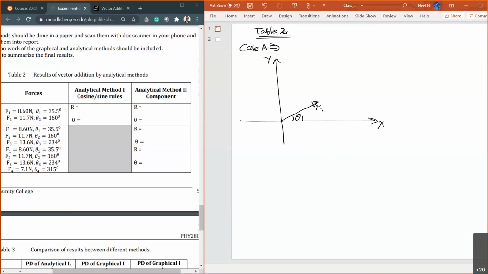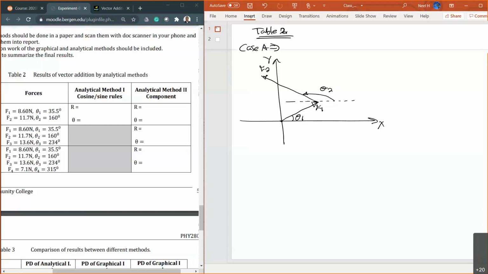Now your vector number 2 should start from here and then go in this direction. That is vector number 2, and this total angle should be theta 2. Don't worry about drawing it to the right scale. This is just a sketch.